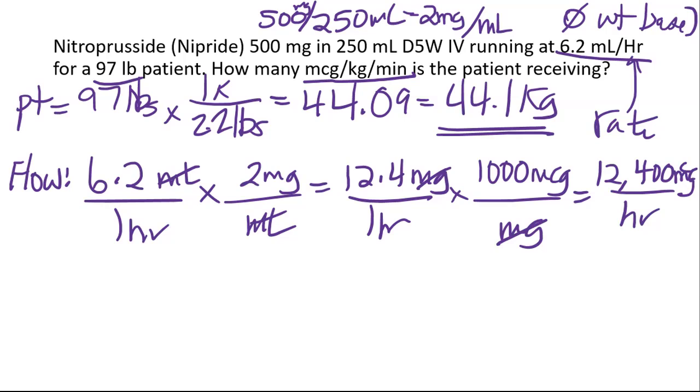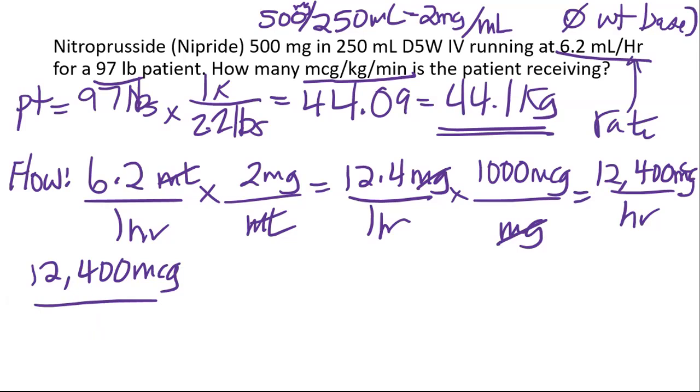So let's start with 12,400 micrograms per hour. And then we're going to do the weight. Okay, this is per kilogram. Let's ignore the time for a minute. We need to figure out how many micrograms per kilogram.